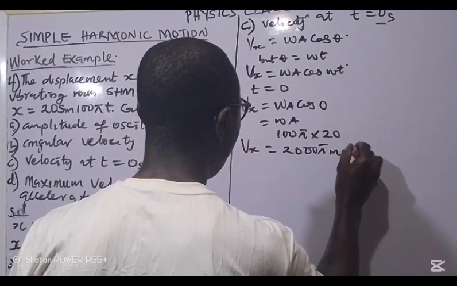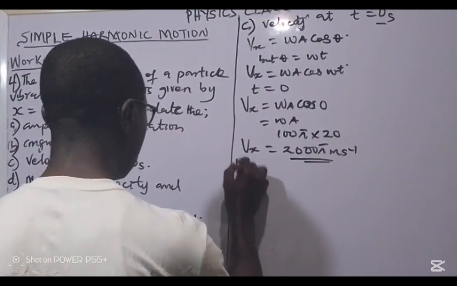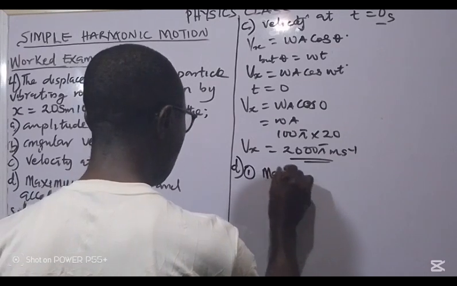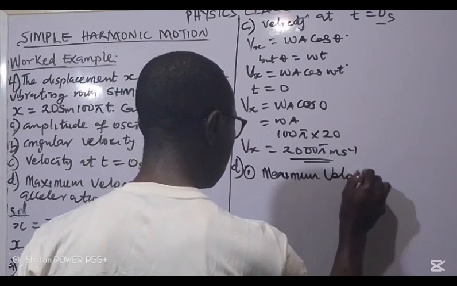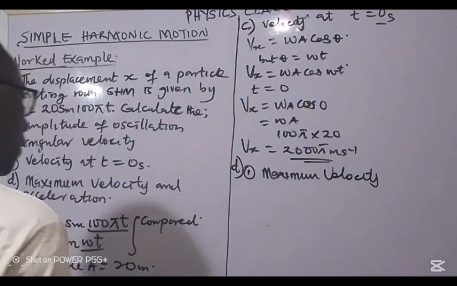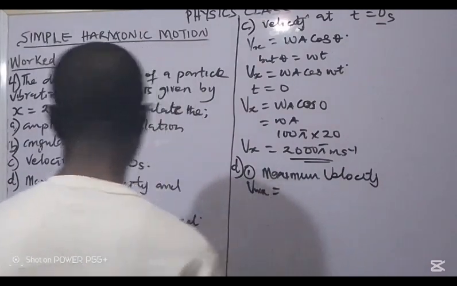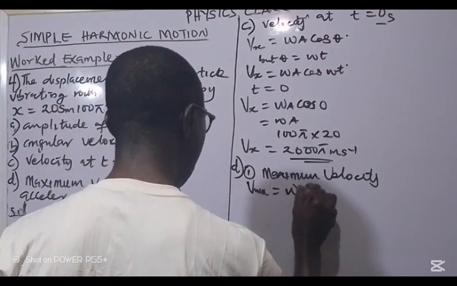Now, V, part 2, maximum velocity. For V to be maximum, V maximum will be omega A, as we said in our last example.